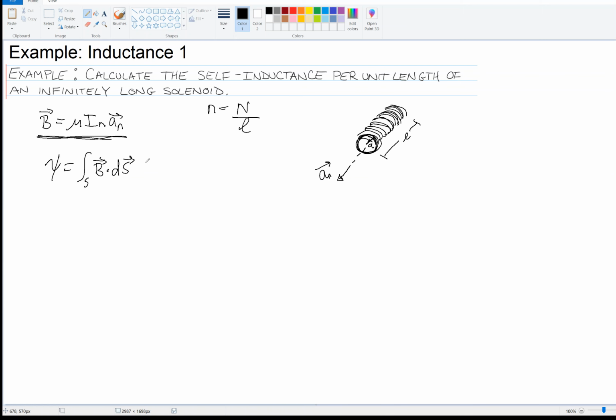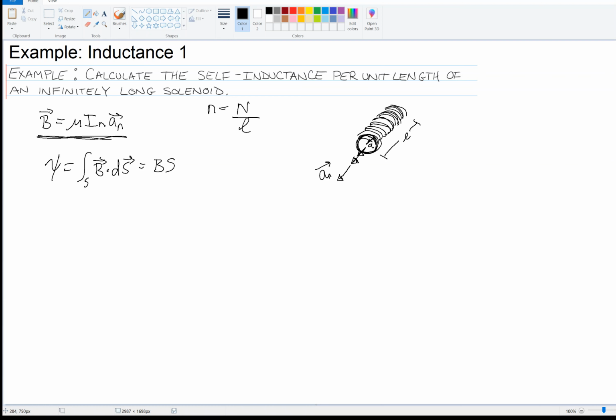So this integral is easy to do here because the flux density is in this AN direction, but so is S. So they're parallel. So when you do the dot product, you just get B times ds, and then when you integrate over that, you just get B times S, like that.